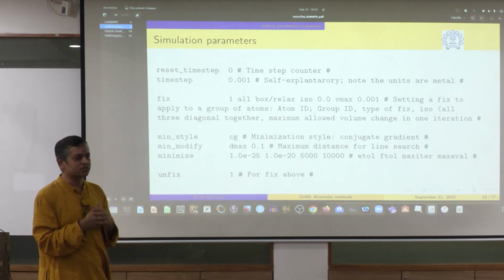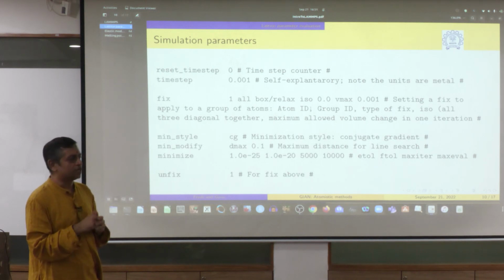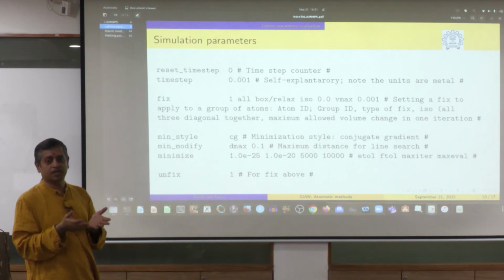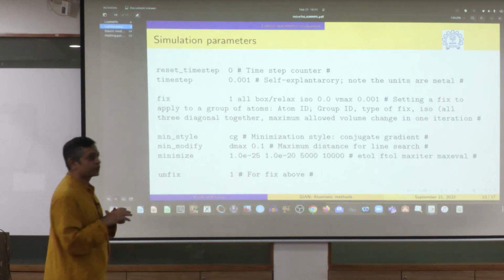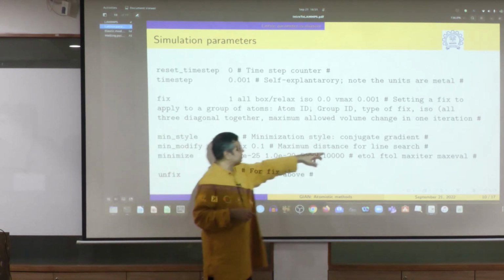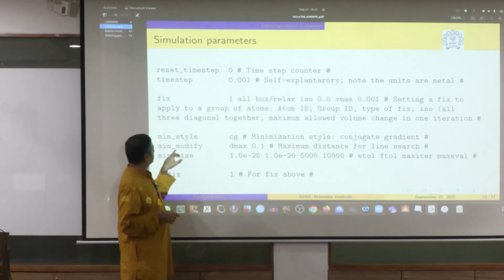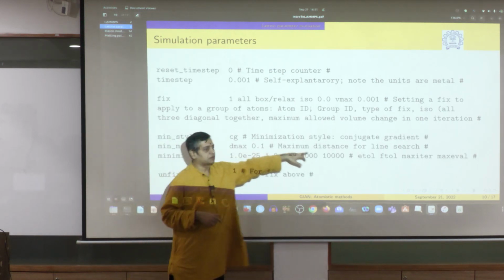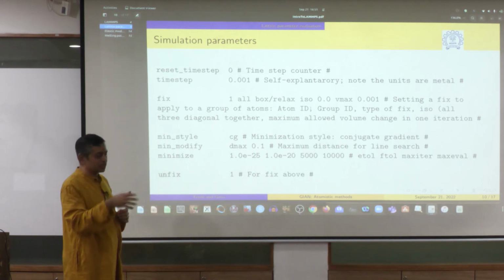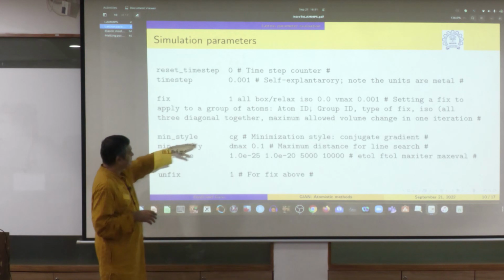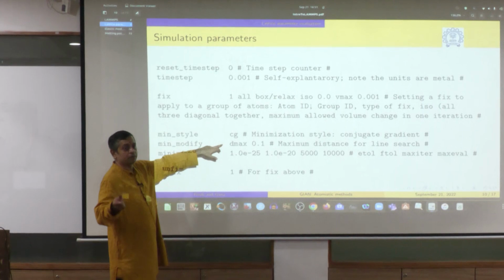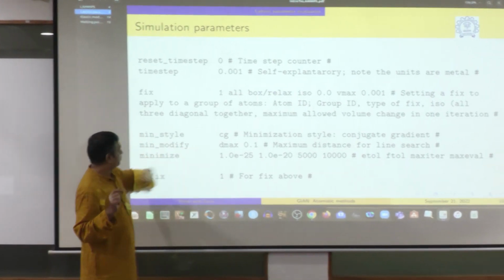This is some computer scientist from Carnegie Mellon University who has explained using again Octave very nicely what the conjugate gradient algorithm is and how it works and so on. And there is a line search, and this quantity D max is basically the maximum distance for line search when you do the conjugate gradient. So, if you do not know the algorithm, go look it up, and basically we are saying do a conjugate gradient minimization and giving some parameters associated with how that minimization has to be carried out.